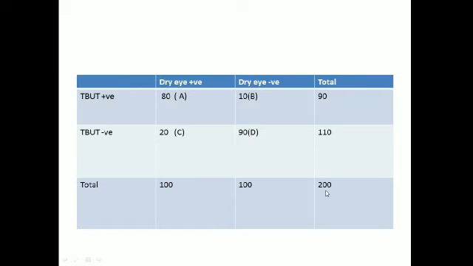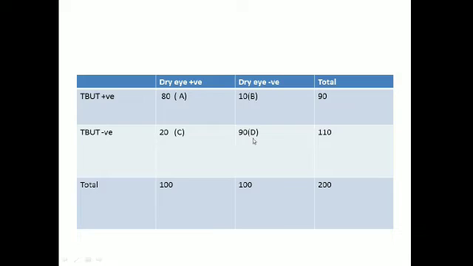So from this table you can easily calculate the sensitivity and specificity, right? To find out the sensitivity, what you have to do is A divided by A plus C, which is 80 divided by 80 plus 20, which means 80 by 100 equals 80%, right? And again the specificity.